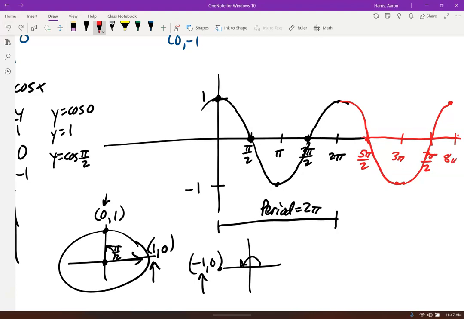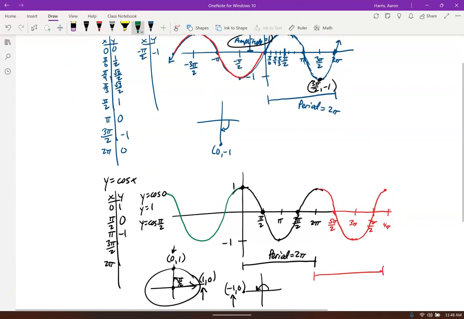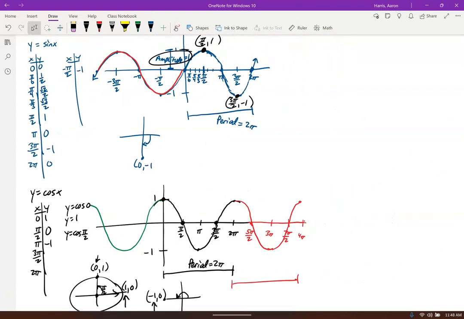Oops, that's 4 pi. What am I doing? And hopefully you can see, hey, that's the same, right? You could do it over here as well, but it takes 2 pi to do that. Also, I should mention this amplitude is also 1. Right, it goes from a high of 1 down to a low of negative 1. So half the distance of 2 is 1.